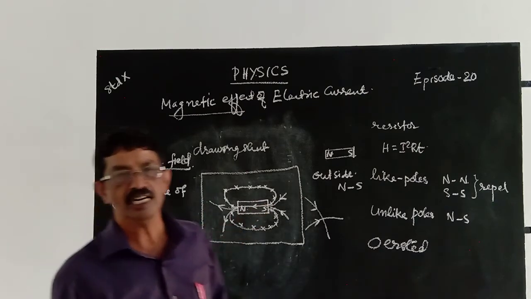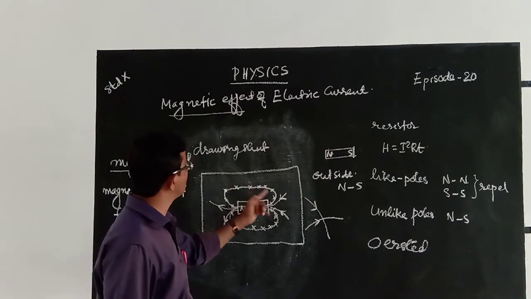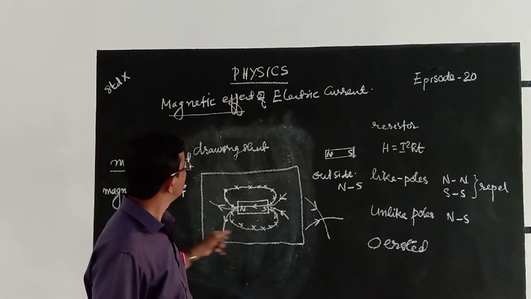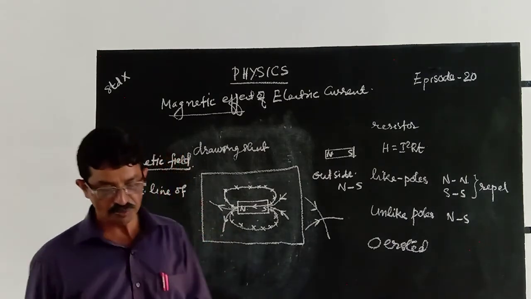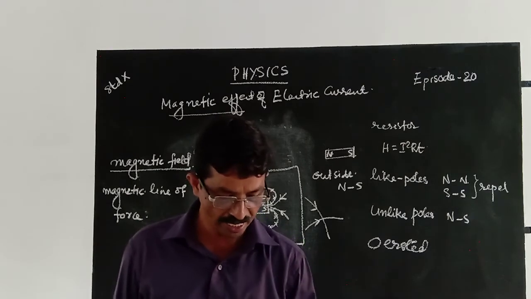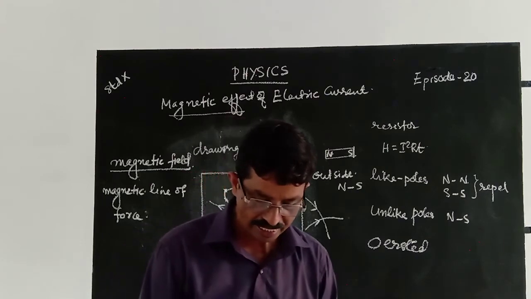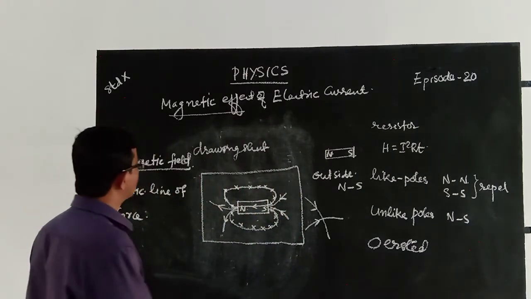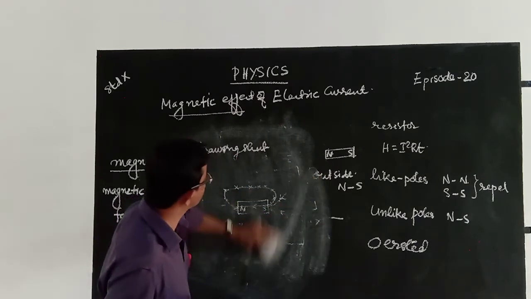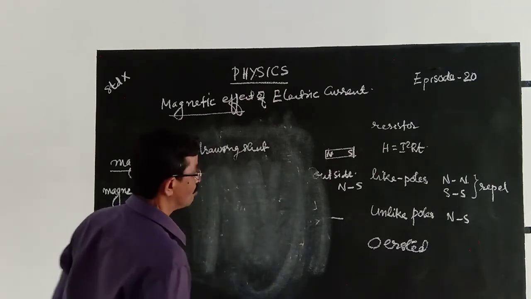Now you have an idea how you can draw magnetic field lines around a bar magnet. Once again, see how we can represent these magnetic field lines diagrammatically.